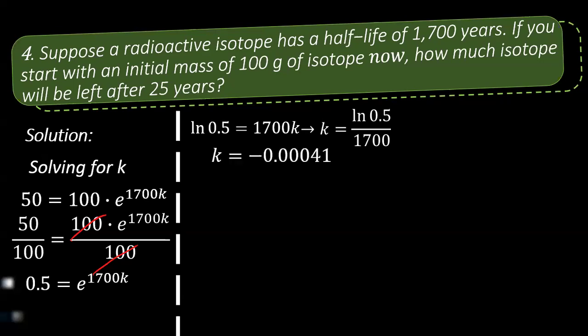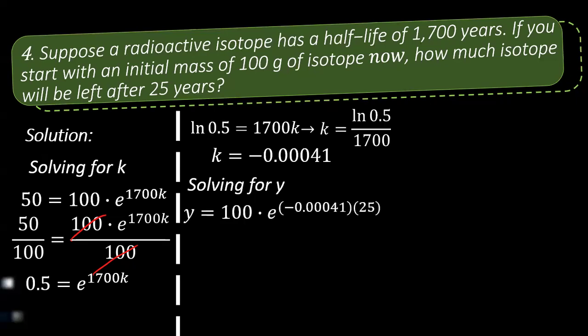So that's negative 0.00041. Then solving for y, that is 100 times e raised to negative 0.00041 times 25. So that becomes y is equal to 98.98 grams.